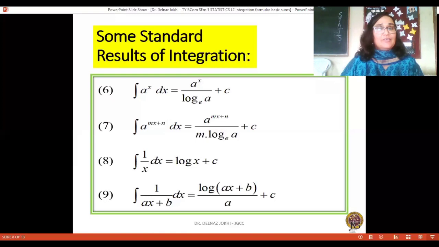Standard result number 9 for integration, the last one, very important. Integration 1 upon (ax + b) dx. x कहाँ पर है? Denominator में. Log कहाँ पे आएगा? Numerator में. Good going. Same way, log पूरा के पूरा (ax + b) हमने copy कर दिया upon a, x का coefficient. Very good. You do have a very good memory.